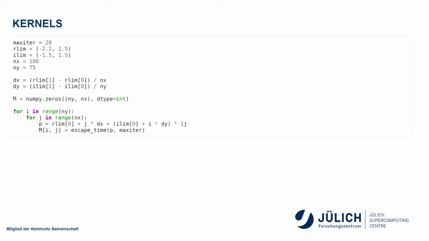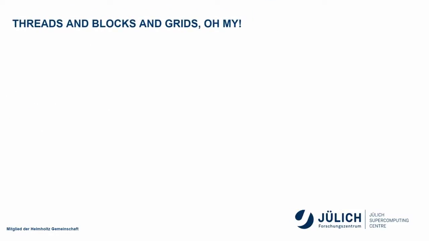CUDA uses some organizational scheme based on threads, blocks, and grids. We start with a single thread. Each of these threads executes our kernel, and each of them has an ID.